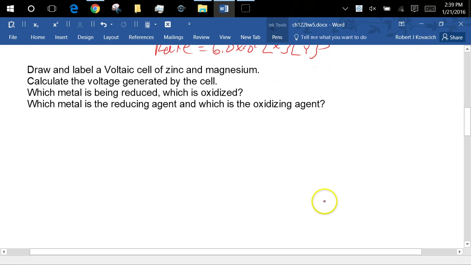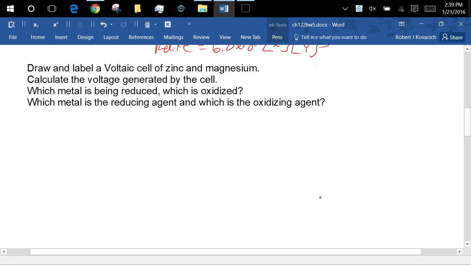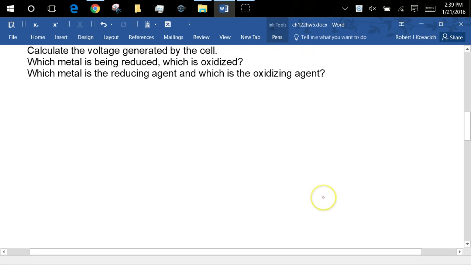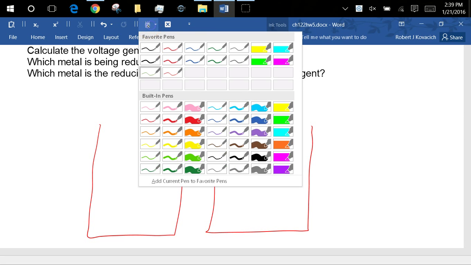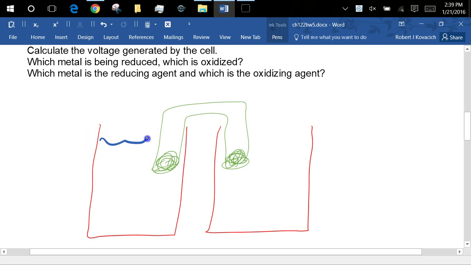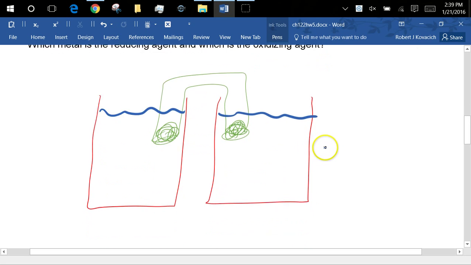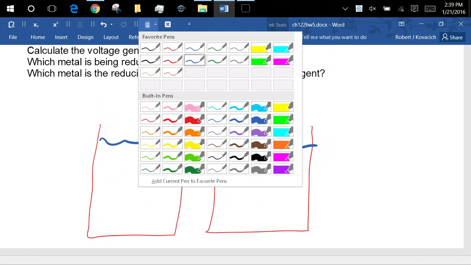So what do I need for my voltaic cell here? What is this? Magnesium and zinc. Okay.